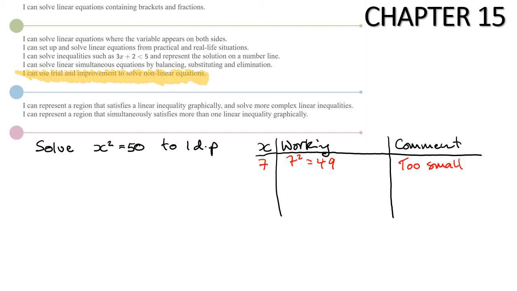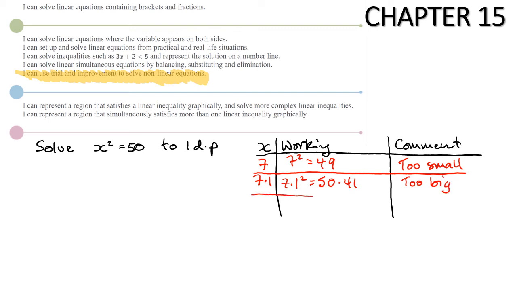So I need to try a number a bit bigger. Let's try 7.1. This would be a calculator paper, so I'm going to do 7.1 squared, and that will give me 50.41. So that's too big. This is how this trial and improvement works.